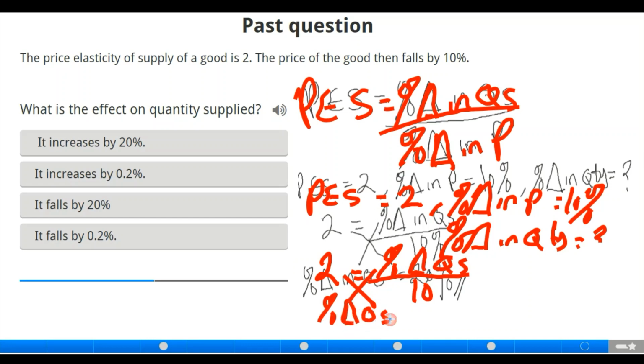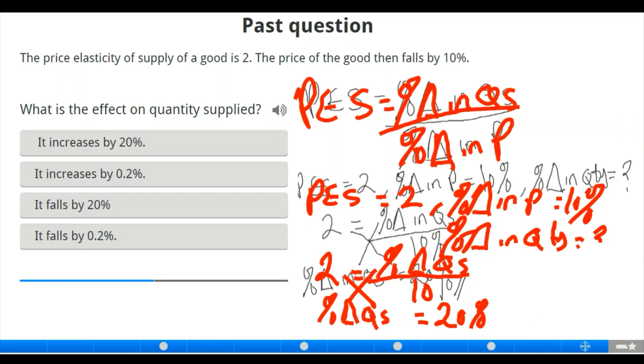Our percentage change in quantity supply is what? 20%. Of course, we said the quantity supply is supposed to fall since the price of the good also falls by 10%.